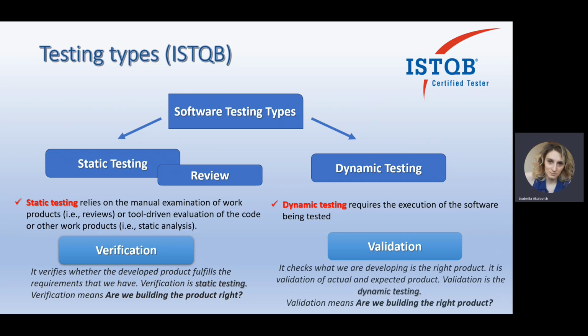And it means, are we building the right product? Will it be sold on the market? So verification: are we building the product right? It is about the process and the requirements. Validation is about the expected result from our final users: are we building the right product?